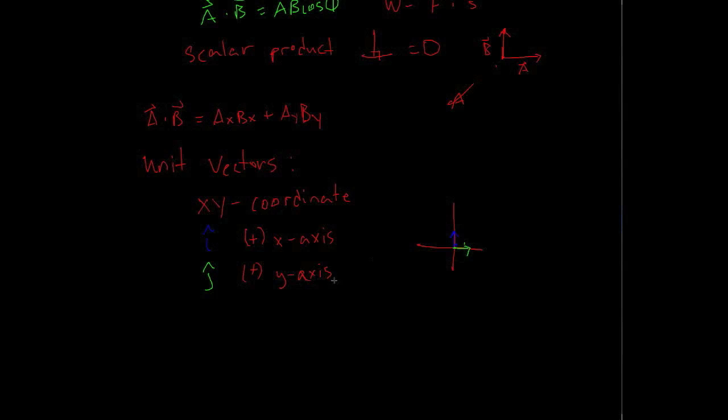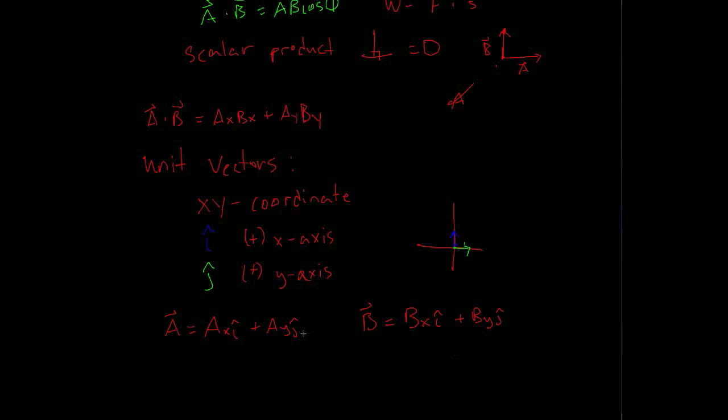So, a vector A can be defined as AxI plus AyJ. B, same thing: BxI plus ByJ.